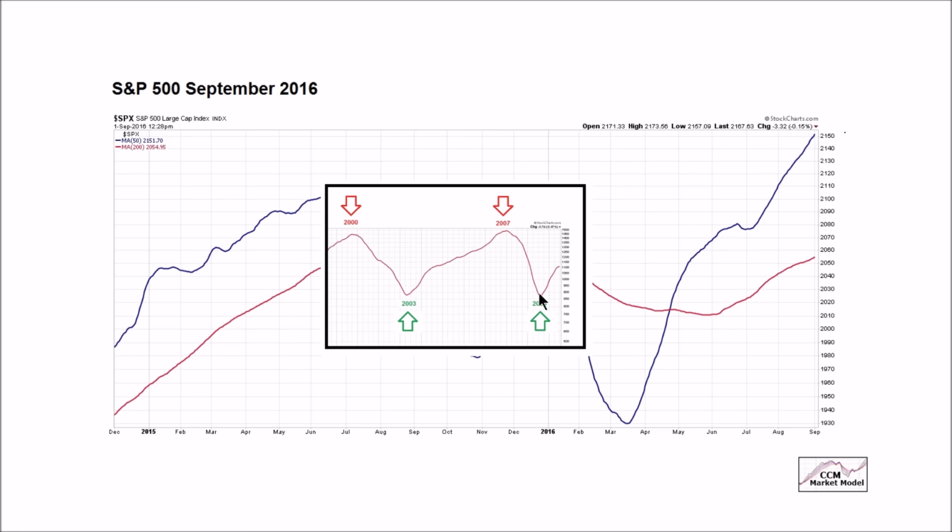This and this really looks nothing like the present day in September of 2016. Could this morph back into something like this? Absolutely, positively, yes. We make decisions based on the facts that we have in front of us.